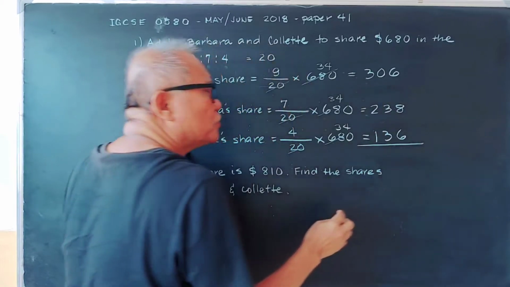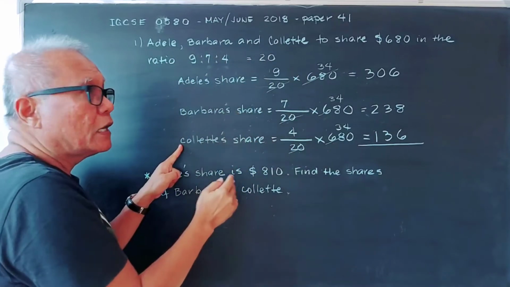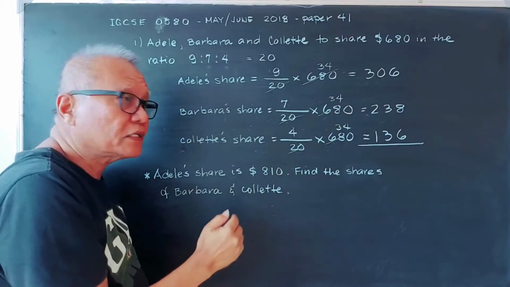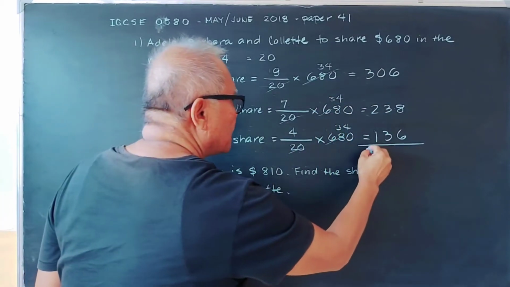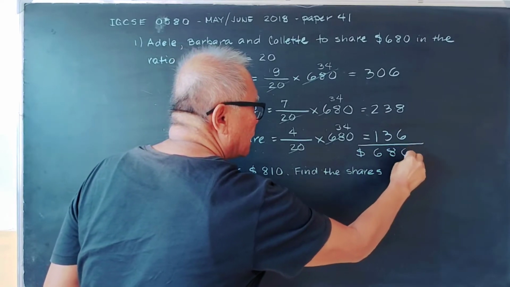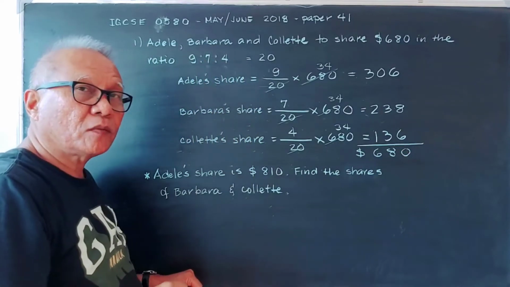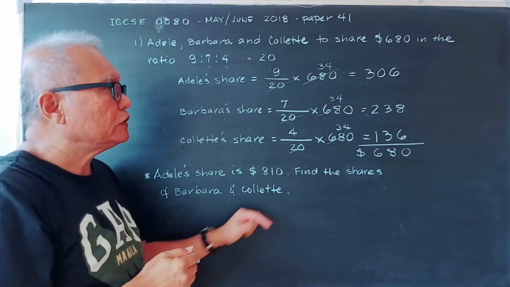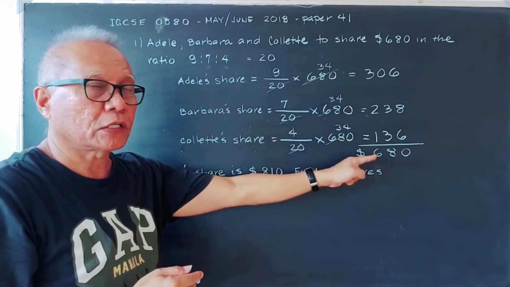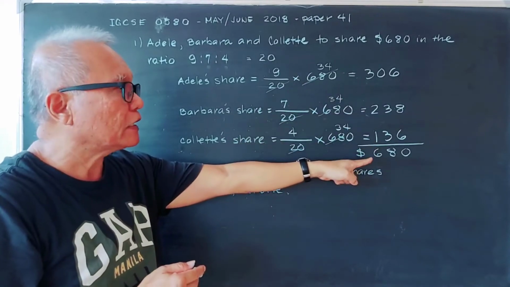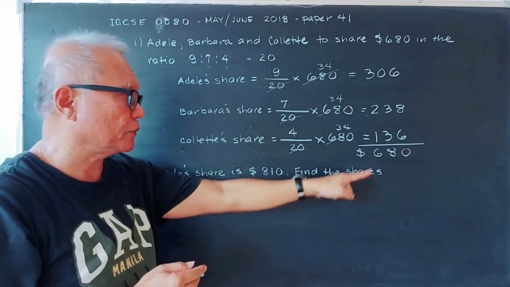How will you check if your answers are correct? You add 306 plus 238 plus 136, and it must give you $680. In your exams or past papers, you don't need to add to check, but make sure your multiplication is correct. That is only for checking if you have time.